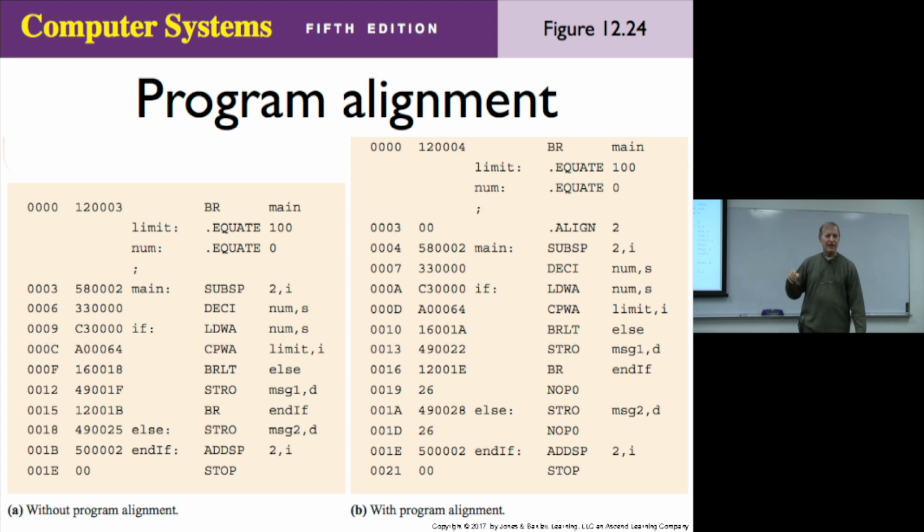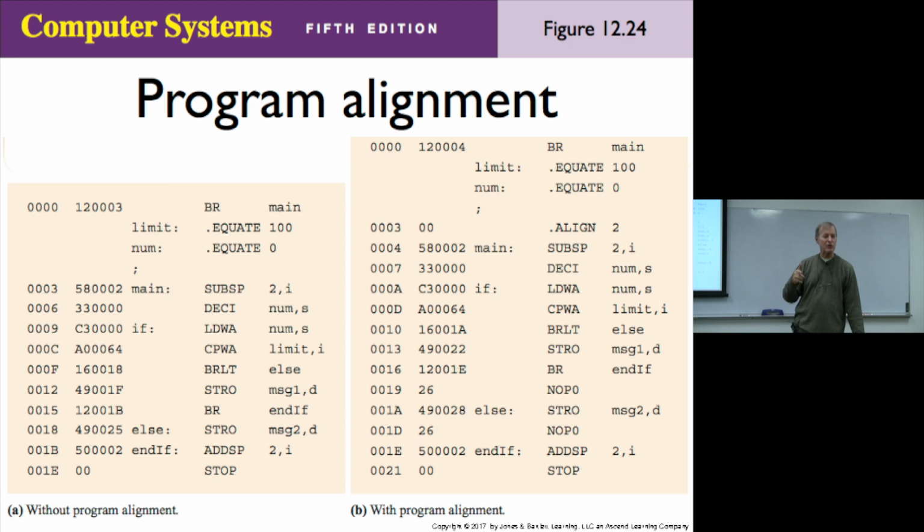Are you with me? Here's the thing. In the first instruction in main, the instruction specifier has not been prefetched because we're branching there. So it could not have been prefetched.